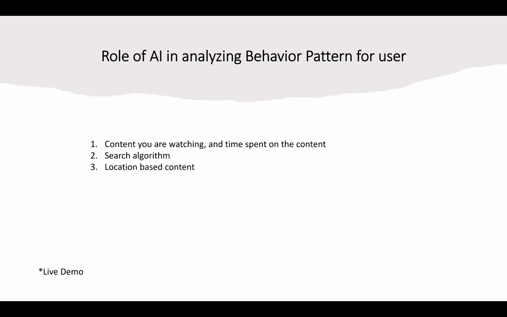So that's how the AI reads the data of the user: it reads the time spent on particular content. Whatever you are scrolling, you think it's just scrolling, but it's actually calculating the time you are on that post. By that, it is training the AI bot to show you more content on the particular topic.